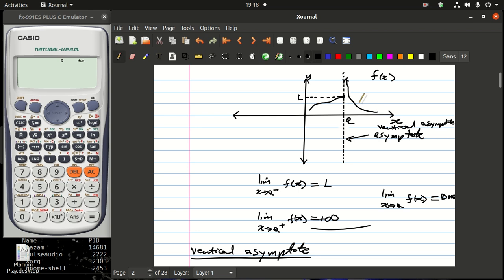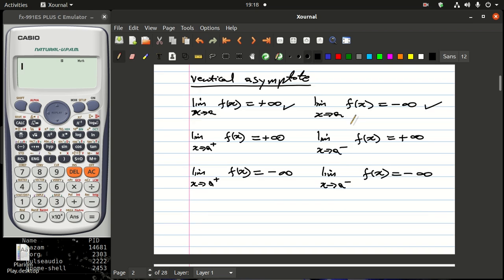Looking into this part here, we only have this part satisfied. This one is saying that on the right we are getting positive infinity, which means that a is an asymptote. So to know something is an asymptote, it must obey one of these or all of them.